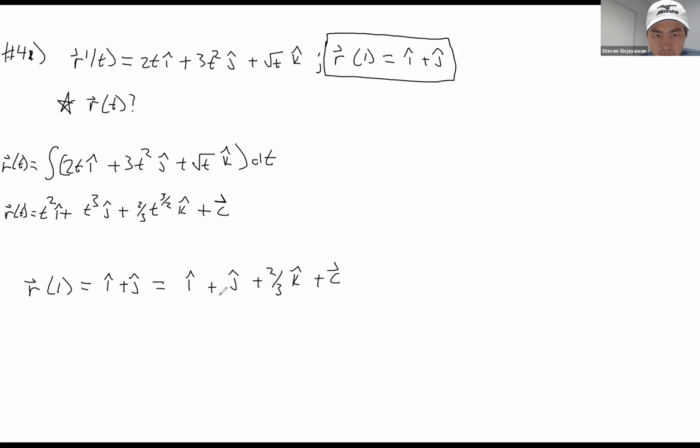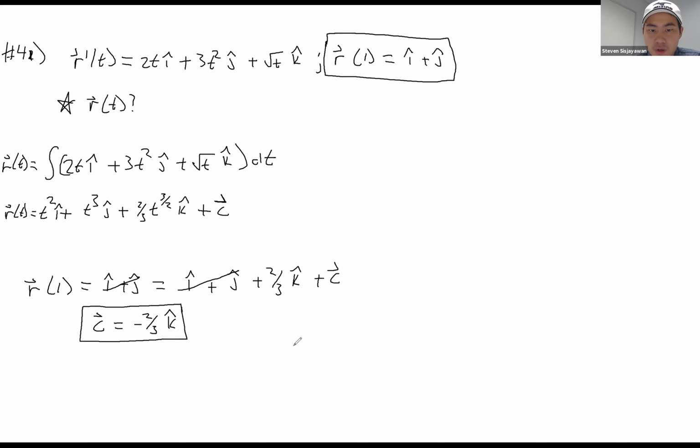Right? So what we notice is that the i's and the j's actually cancel out, and we're left with the vector c. The constant vector c is equal to negative 2/3 k hat. Okay, so that's our constant vector.